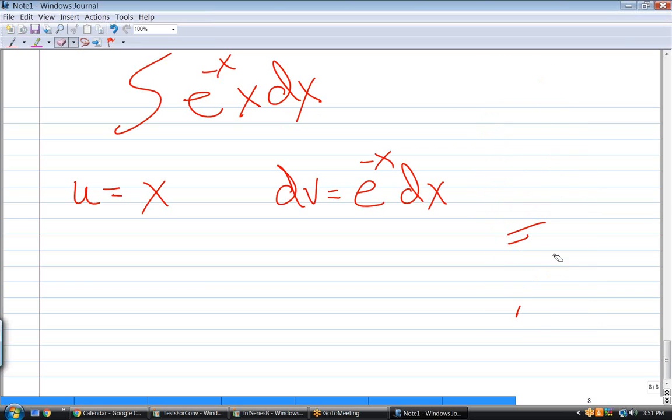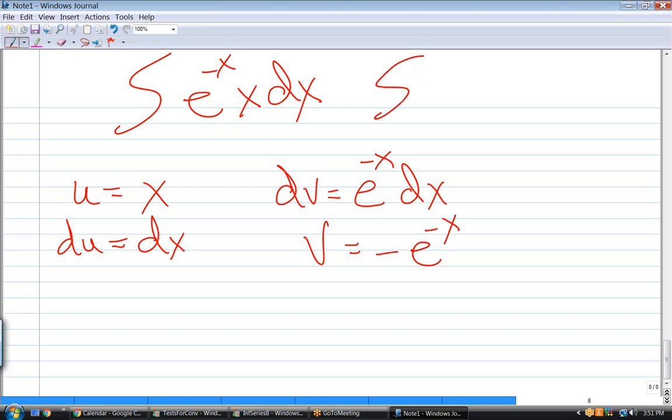And now I'm going to differentiate the left and integrate the right. And I'll show you why. Because remember, my formula is the integral of u dv equals uv minus the integral of v du.